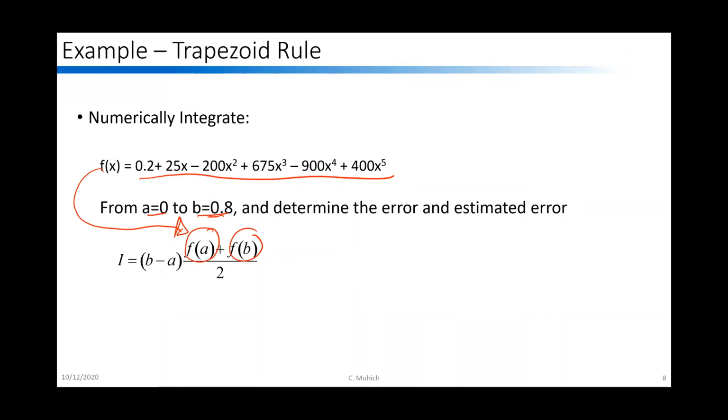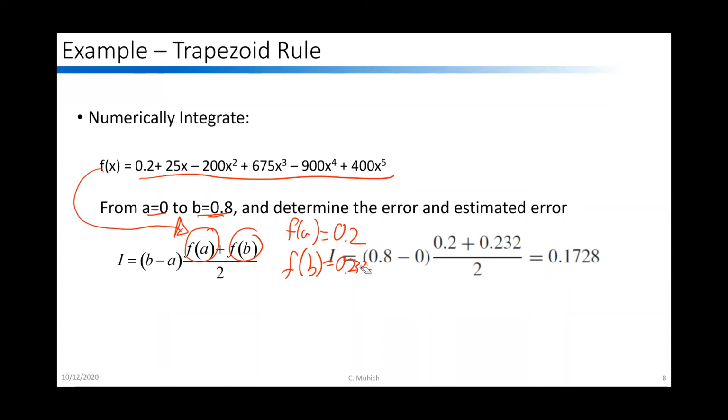When I do that, I'm going to find that f of a equals 0.2 and f of b is equal to 0.232. I can then plug into our equation. We went over a little bit, but here we go. We can then plug those values into our integral, or our trapezoidal rule formula, and we find that the integral is 0.1728.